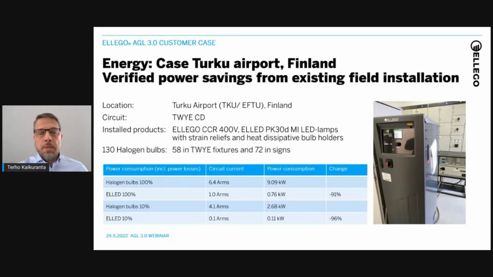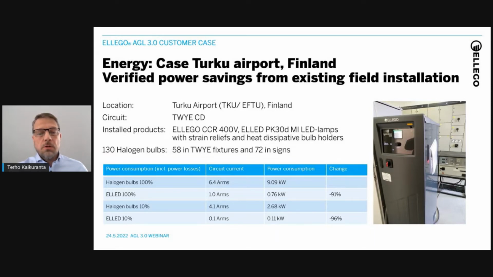And then when we measure the power consumption, what we notice is that at 100% full light intensity, power consumption originally was over 9 kilowatts, and after this installation, it dropped down to 760 watts. That equals a 91% reduction in energy consumption.